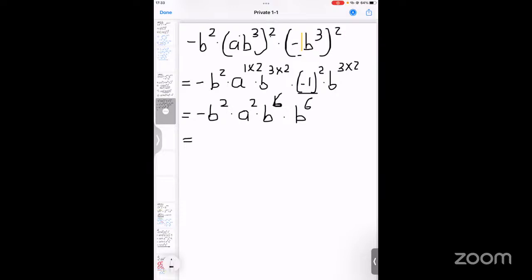Yeah, so now we can rewrite it nicely and say, okay, you see that negative, Langelihle, we can always leave it on the outside. If you have a negative, you just leave it on the outside, and then you say you have a squared multiplying b to the 2, b to the 6, b to the 6. Then you have negative a squared, b.